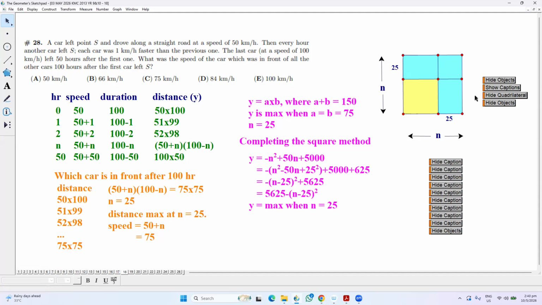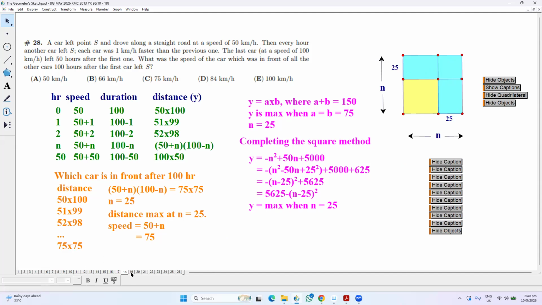Ours, n square is the big one. We subtract one rectangle and then subtract a second rectangle. So the overlap we subtract twice already. 25 and 25 subtracted twice. So 25 square is added. So again, complete the square. Show more examples later.